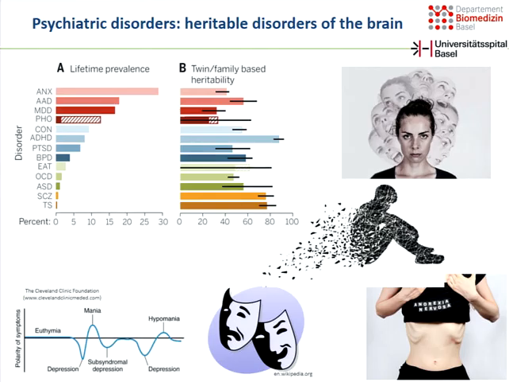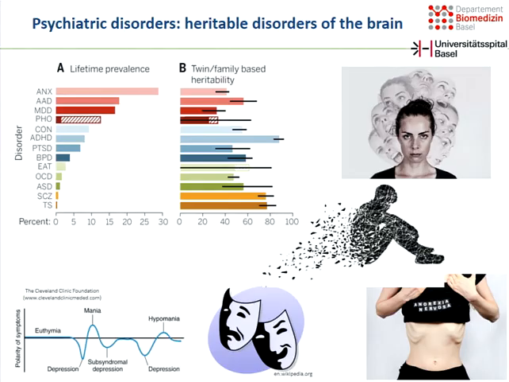And you see they are ordered by lifetime prevalence, how prevalent they are. Anxiety is obviously very prevalent, about 30% in the population. Tourette syndrome has about 0.5%, schizophrenia 0.5 to 1%. But overall, these are really common disorders in the population.